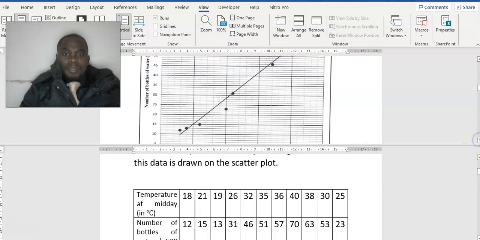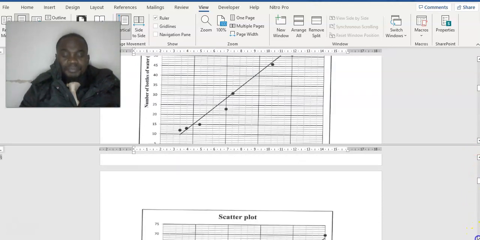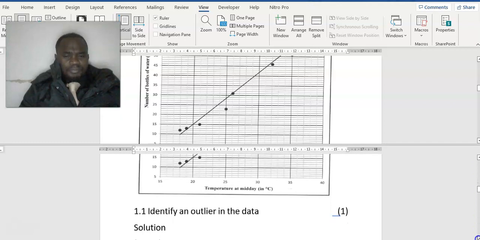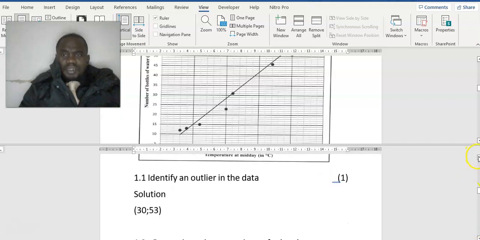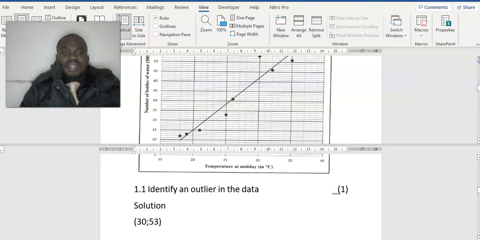Okay, let's continue with our question. The question says, identify an outlier of the data. An outlier is a point that separates itself from the rest of the data.